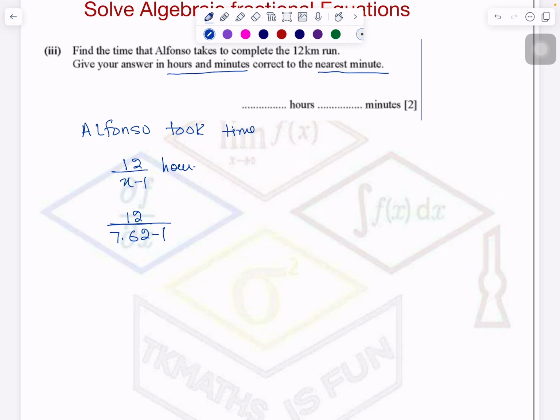Okay, so I got here 600 divided by 331. And of course you will use a calculator here. Now in decimal it is 1.8126882, right? This means it is 1 hour clearly, but this decimal part I need to change into minutes.